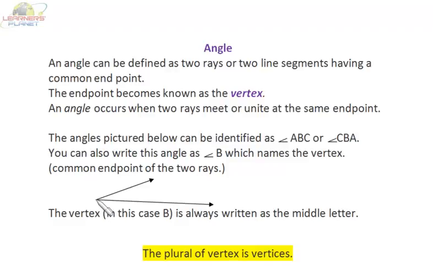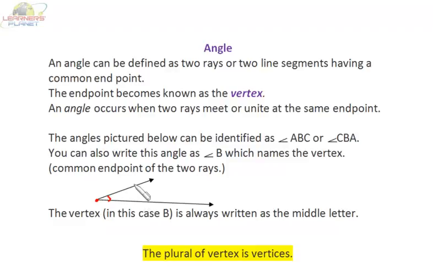So this is known as an angle. This particular point from which these two rays are passing is known as their vertex, that is the beginning point, or we can say endpoint. So an angle occurs when two rays meet at the same point.